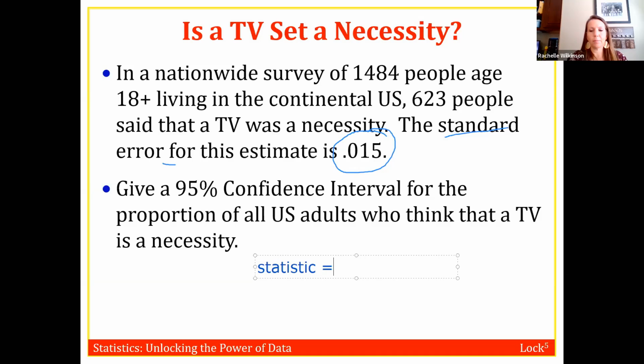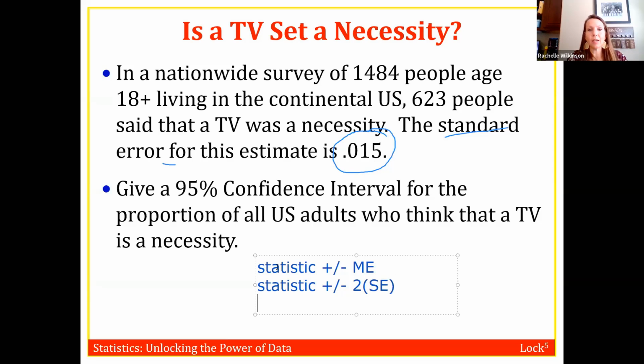I'll write that down first: the statistic plus or minus my margin of error, which in this case is the statistic plus and minus 2 times the standard error, because that's what they gave me.